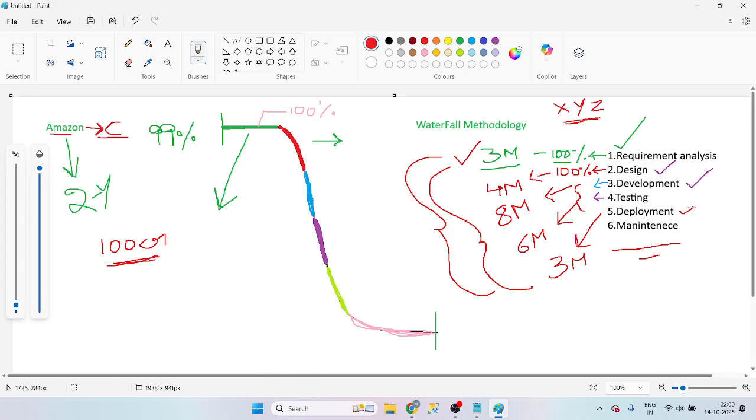Now what we have to do? We have to deploy this project. Deployment in the sense we have to keep this in live. If I keep the project in live, everyone will know that Amazon has been deployed into live. Whole India will know.